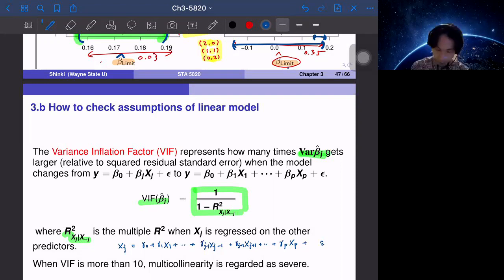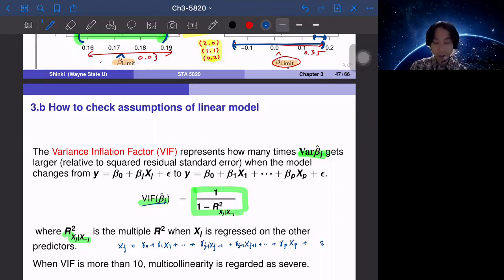So we can calculate the multiple R squared of this regression model. Then if we calculate 1 over 1 minus the R squared of x_j given x_minus_j, we can prove that this is equal to the variance inflation factor.